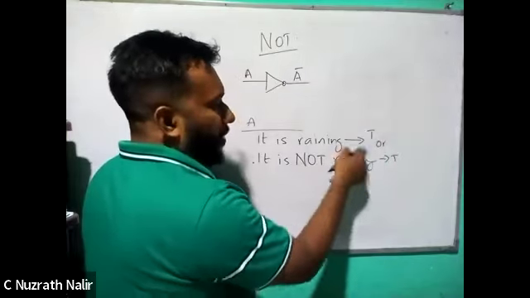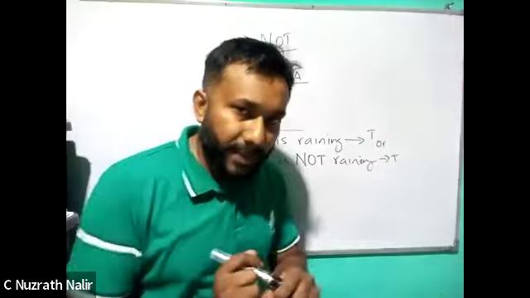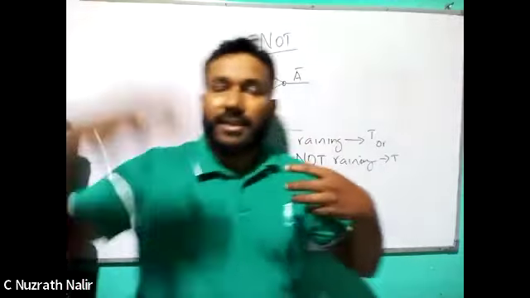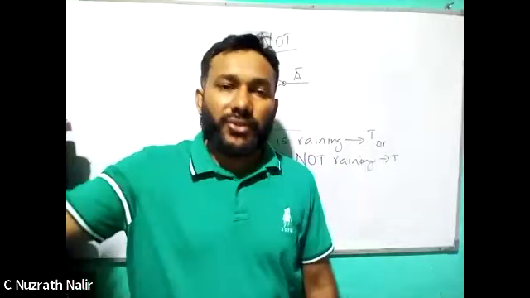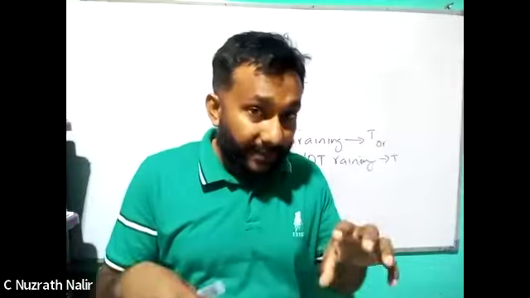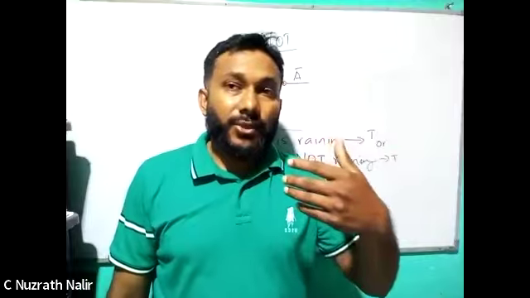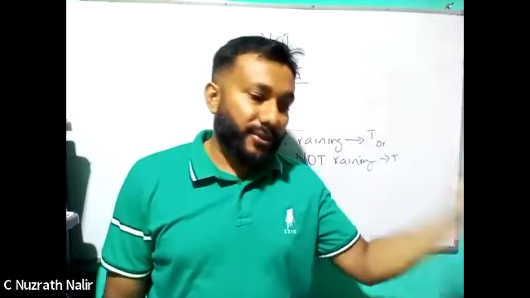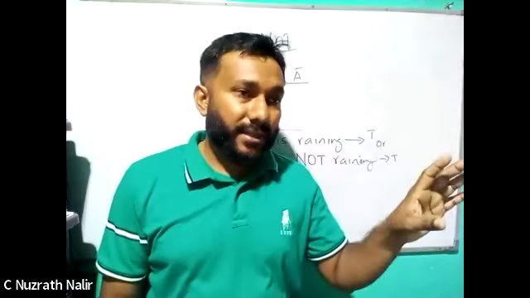You cannot say that both are true. Am I correct, my dear students? Either I say it's raining and you say it's not raining, in the same place. Don't say, sir, your place is raining, my place is not raining. That can be, because it is different.